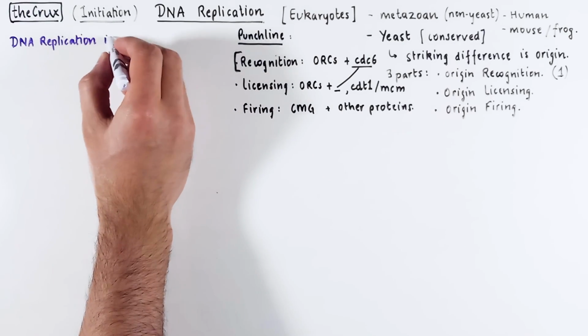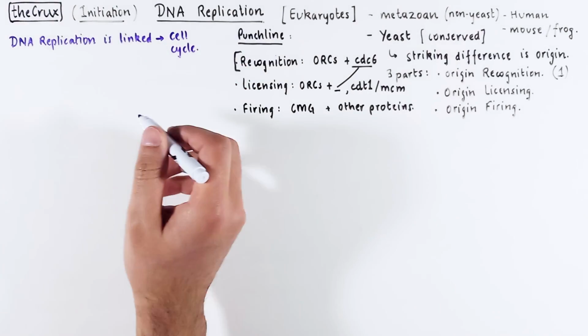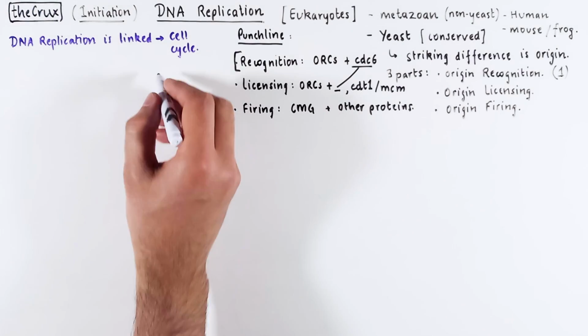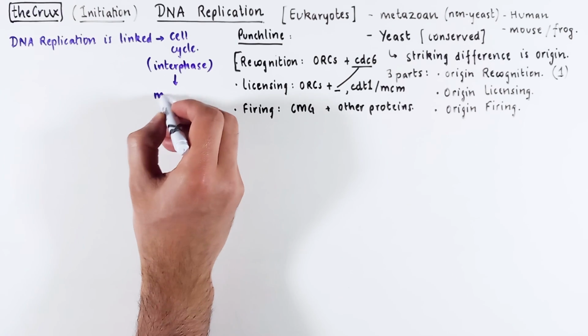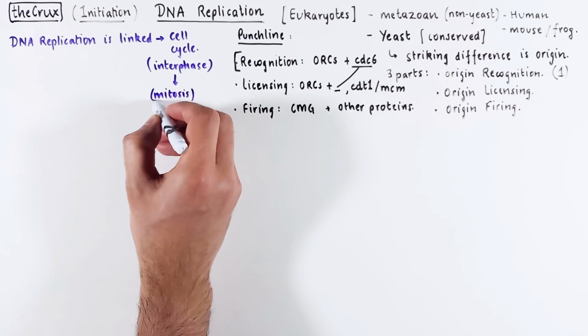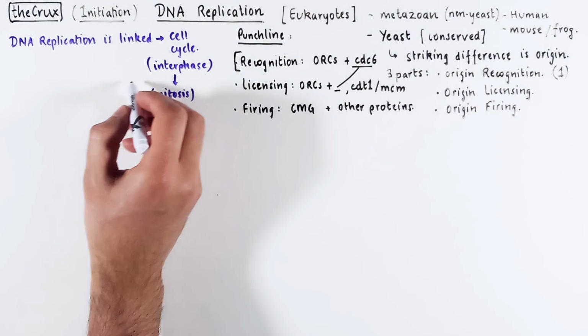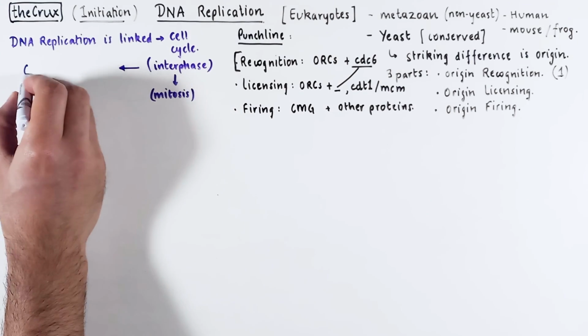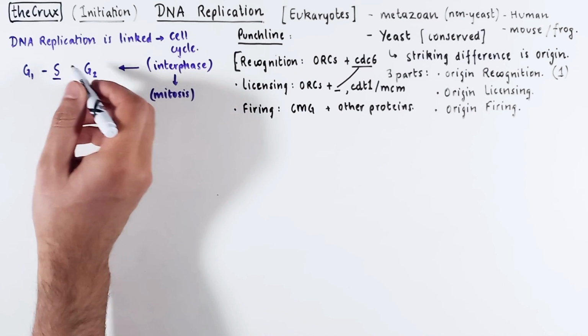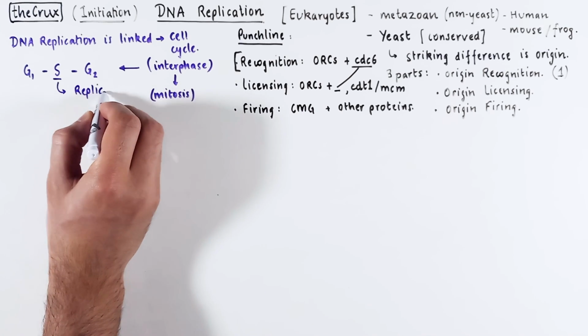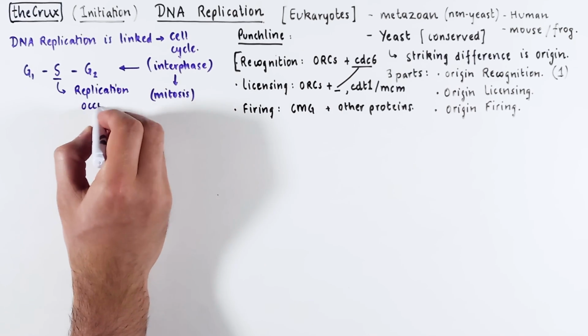So, DNA replication, as we've already discussed, is inherently linked to the cell cycle. In metazoan eukaryotes, especially in somatic cells, this is usually split into interphase and mitosis. The interphase is further divided into G1, S, and G2 phase. And if you know the basics, the S phase is typically when the DNA replication actually occurs.